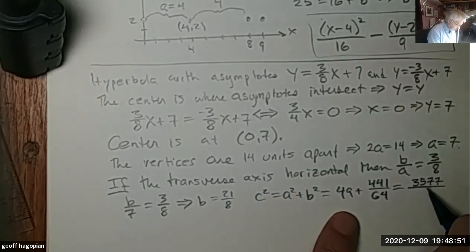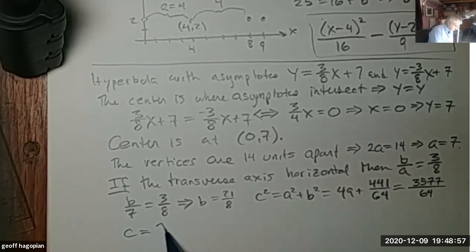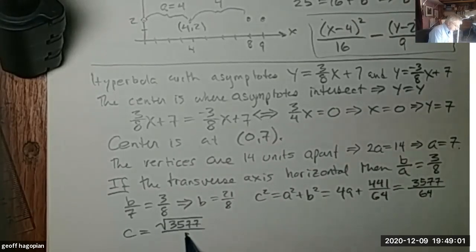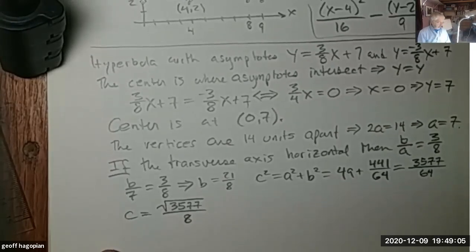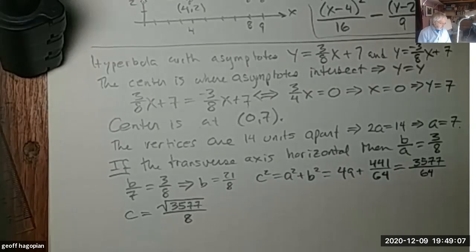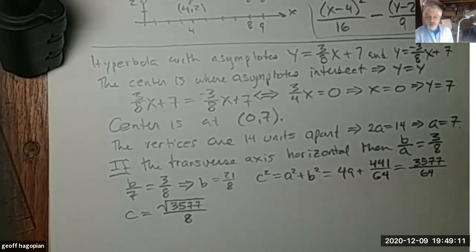It's a nice number, isn't it? Over 64, which says that c is equal to the square root of that over the square root of 64, which is 8. 3,577 is not a perfect square, so let's just leave it at that.